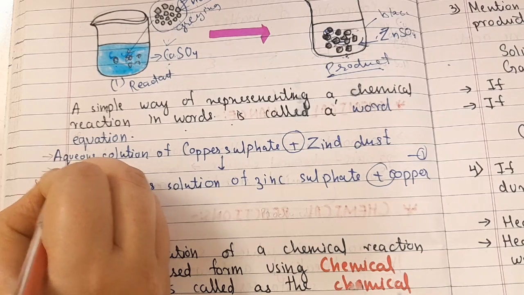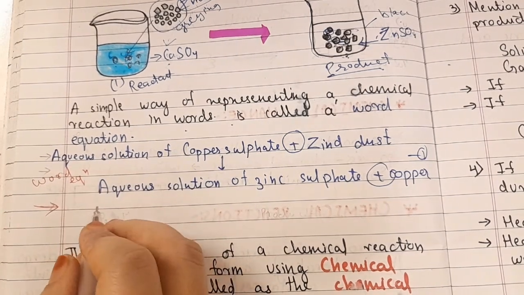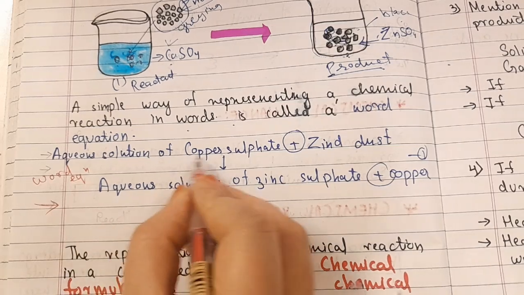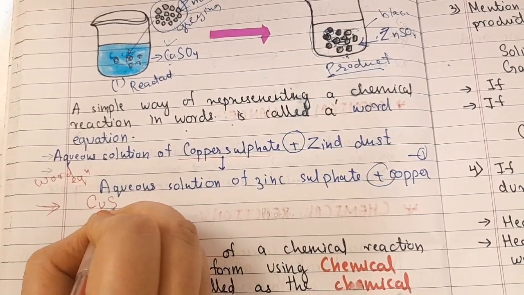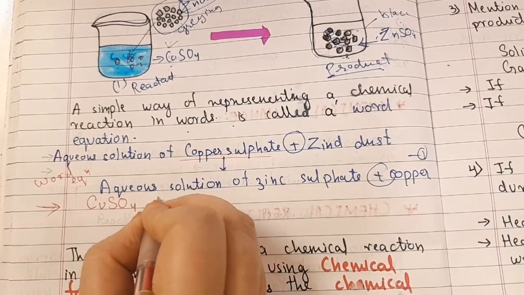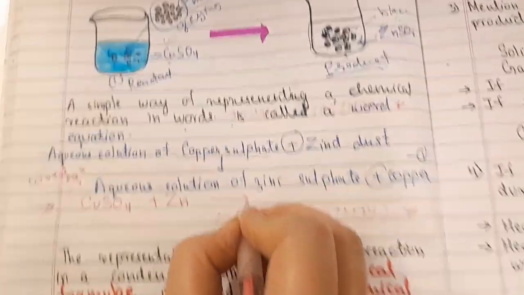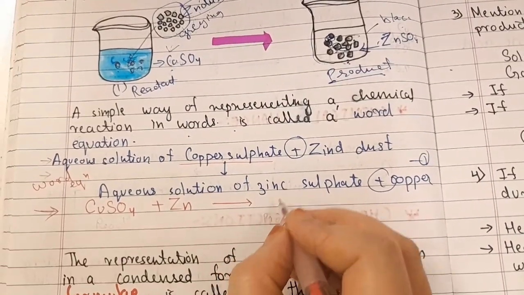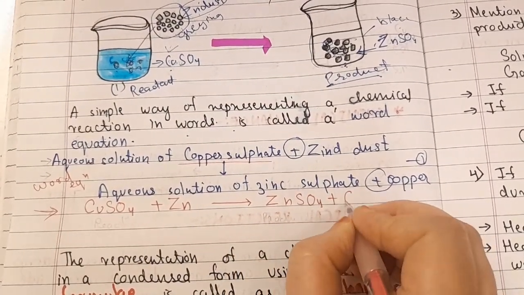This is a word equation, and now here I am writing the equation with chemical formulas. First is copper sulphate, whose chemical formula is CuSO4, plus zinc. These are the reactants. A reaction will take place and they will form the products, zinc sulphate plus copper.